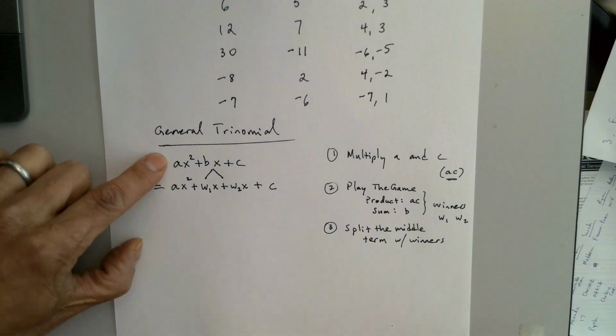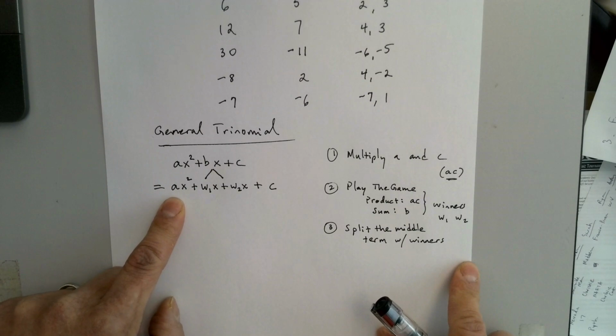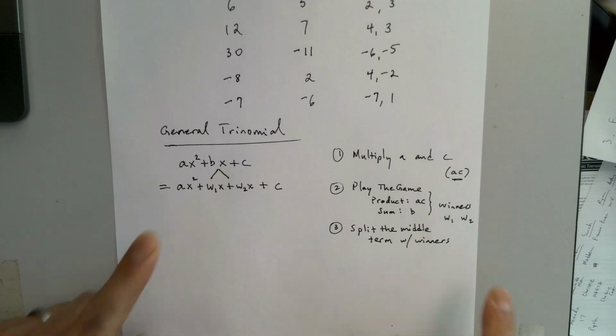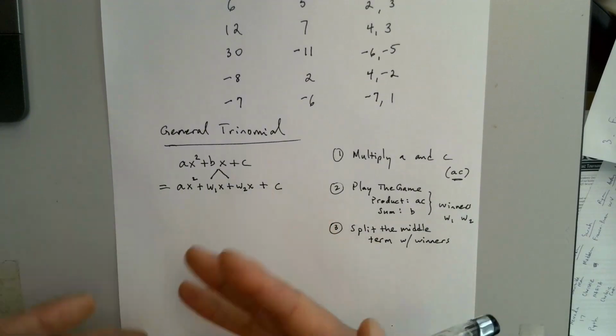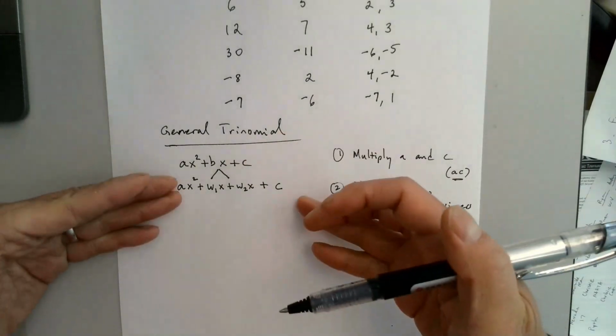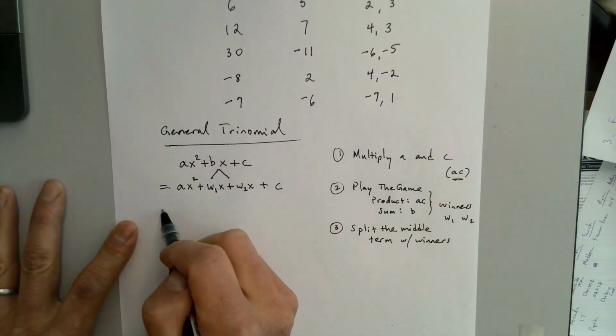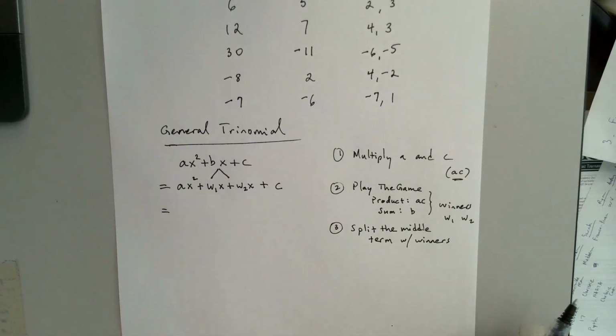So what was a trinomial has become a four-term polynomial. Now why would I do that? It feels like I'm unsimplifying because I'm going from 3 terms to 4 terms. Seems like the opposite of what we've been doing. But there's a good reason I do that.